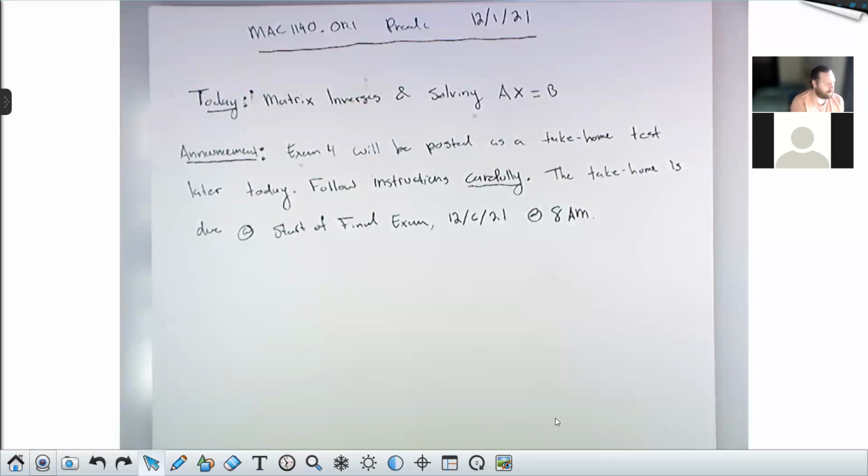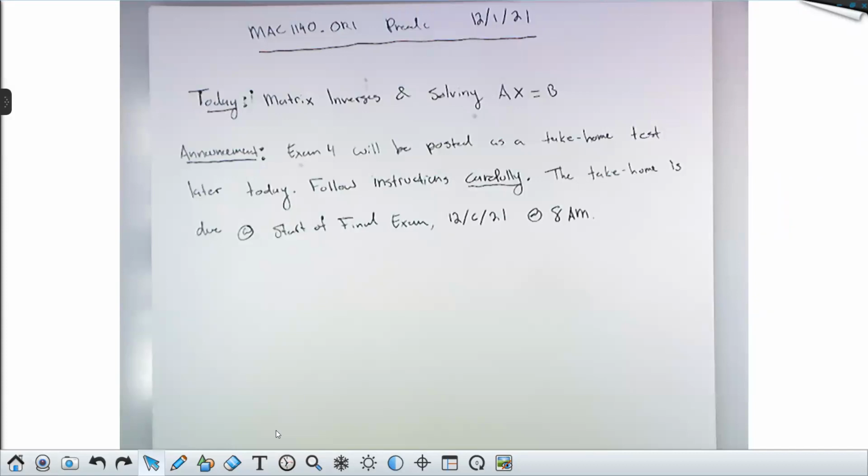Kind of the big thing last time, after learning how to add, subtract, and multiply matrices, we discovered that a linear system can also be written as a matrix equation. So that's where I'll begin today.